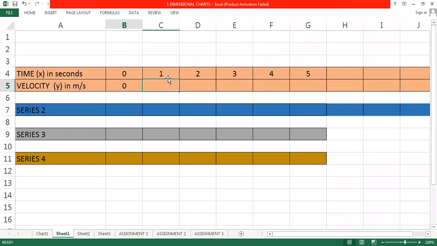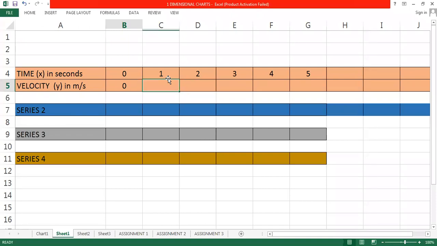Give me the answer. I'm asking what will be the velocity after 1 second? What will be the velocity of that object after 1 second, when the object is uniformly accelerating with 2 meter per second square?